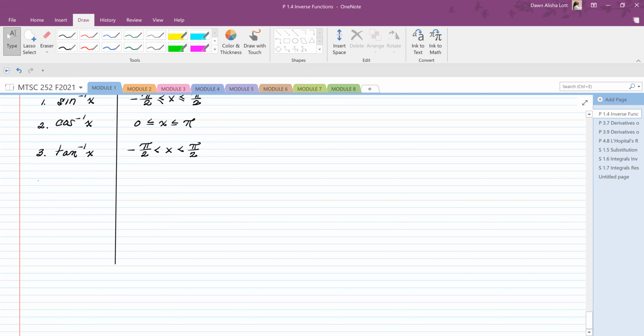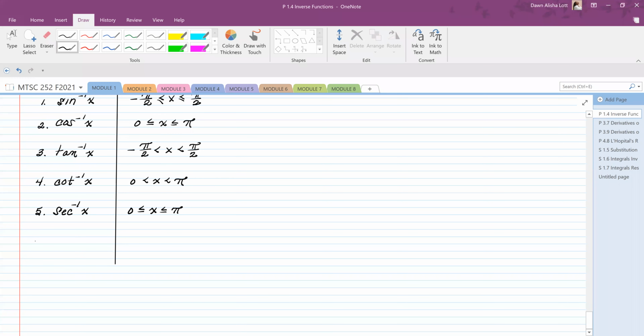Cotangent of x. So we get the cotangent inverse of x. And its domain is 0 less than x less than pi, not included. We get the secant inverse of x. And that is 0 less than or equal to x less than or equal to pi.